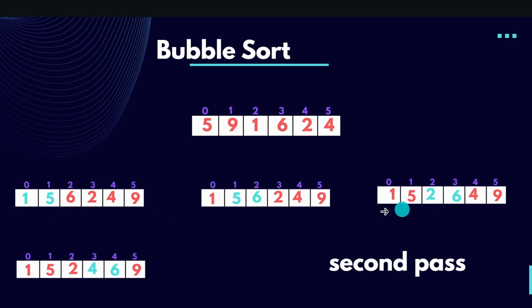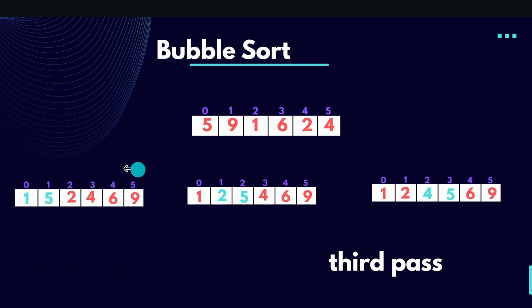Next, 6 and 2 will be compared, so swap, because 6 is larger. Then 6 and 4 will be compared, then swap. As 6 is the second largest one, it will take the second-last position of the array. So by the end of the second pass, you have the second largest number in the second-last position of the array, that is 6 in this case.